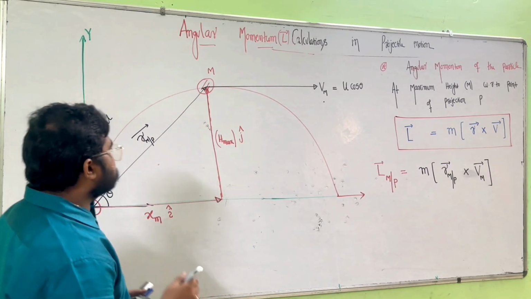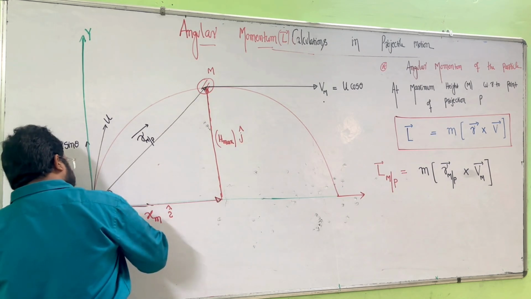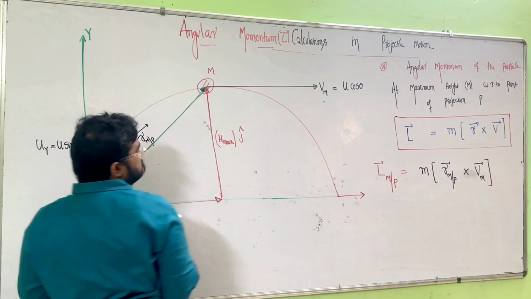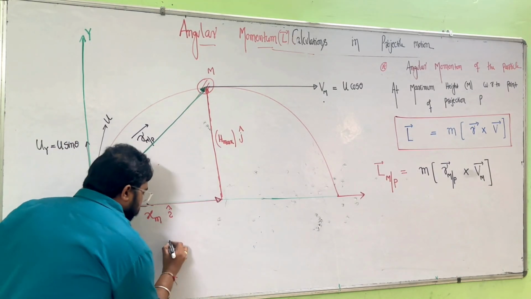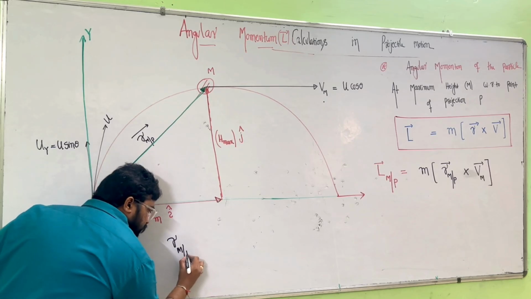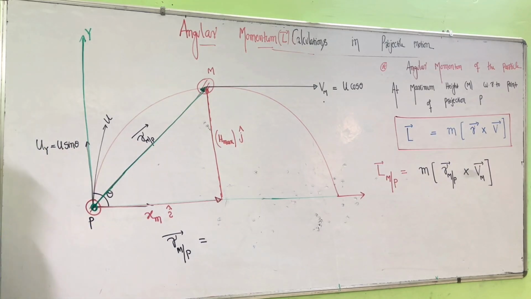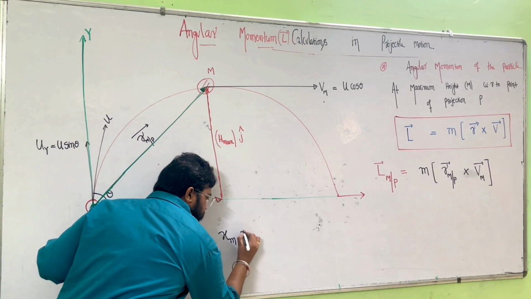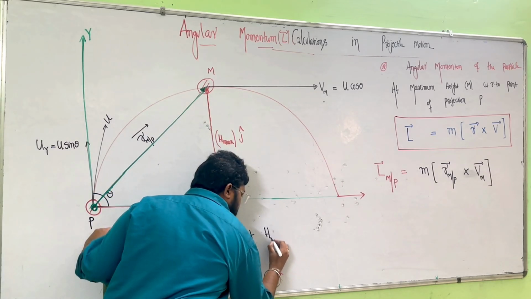Understood? Position vector. How to take the position vector? That is from the with-respect-to statement. What is the position of the particle? Tell me. Position of the particle at maximum height with respect to the point of projection. What is that? xm i cap plus maximum height j cap.